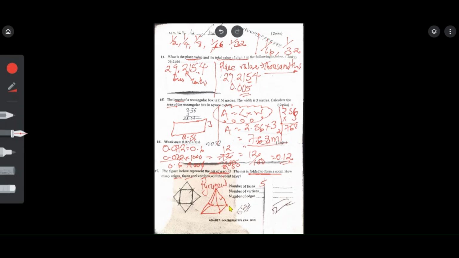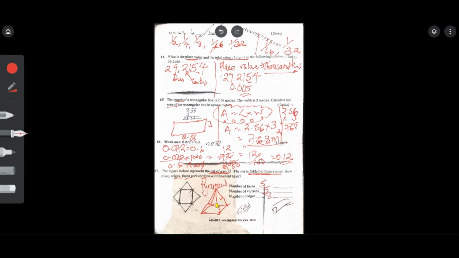So you have 1, 2, 3, 4, 5. So you have 5 vertices. Then the edges are these lines. So you have 1, 2, 3, 4, 5, 6, 7, 8. So you have 8 edges like that.